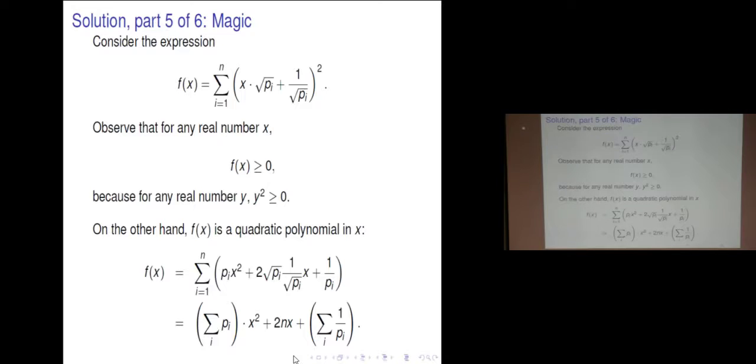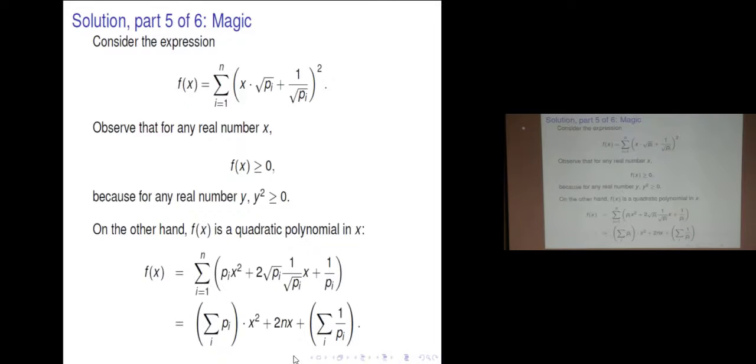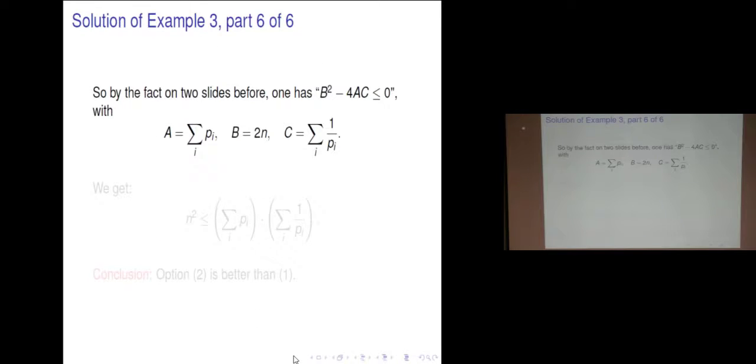Now we are going to use the fact. By the fact earlier, we must have b squared minus 4ac less than or equal to 0, where a is the coefficient of x squared, b is the guy in the middle, c is the last term. So here is capital A, here is capital B, here is capital C. Now what is b squared minus 4ac?